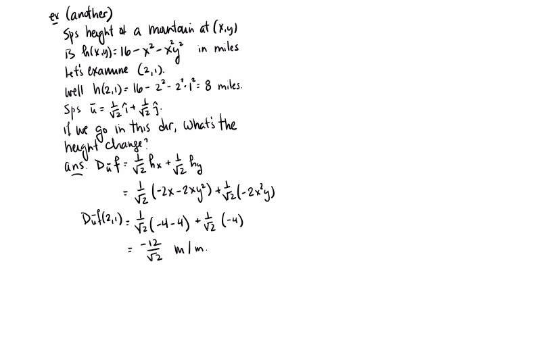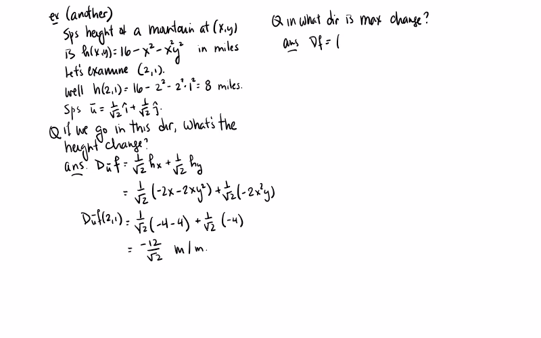So in this example, so far we gave a direction and we wanted to obtain the change. So let's flip the question around and ask, in what direction is the maximum change? The answer is simply the gradient. So we take the gradient, take the derivative with respect to x.